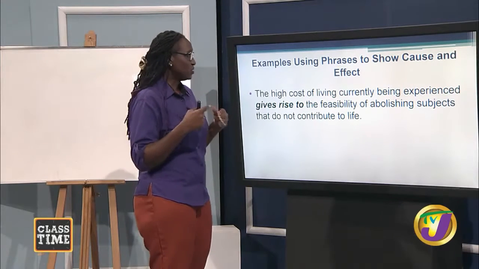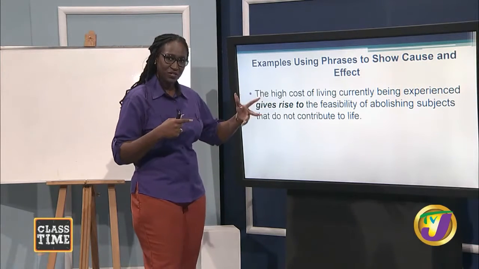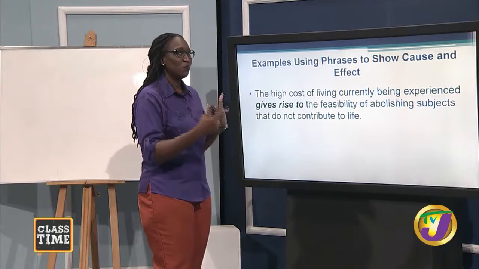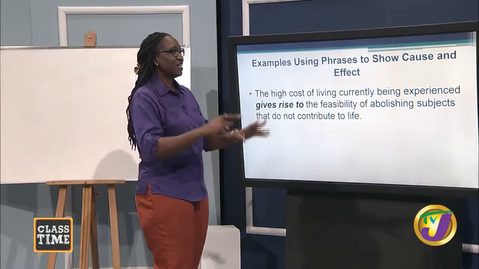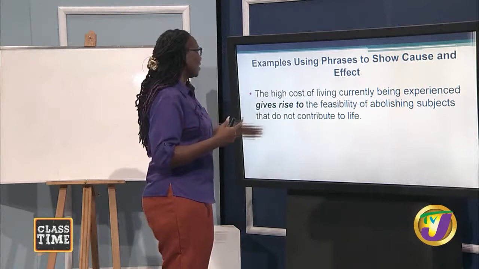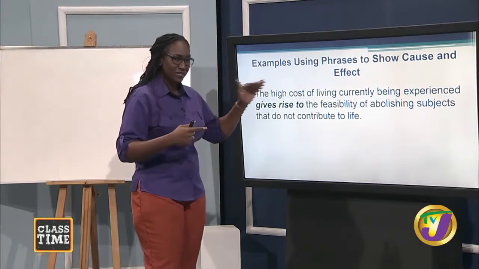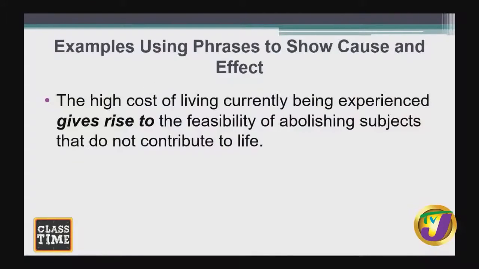So the cause is really abolishing the subjects. It's feasible to abolish the subjects. And then the natural effect will be that the high cost of living currently being experienced more than likely will go down. Because notice I said the feasibility of abolishing. So that means if we don't abolish, then the high cost of living will continue.